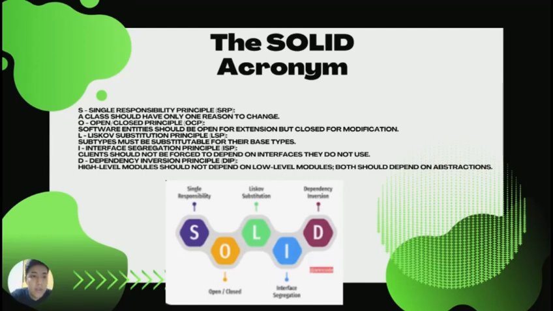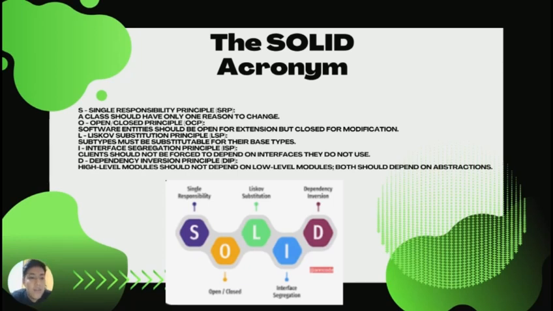The SOLID acronym: S, Single Responsibility Principle. A class should have only one reason to change. O, Open-closed principle (OCP). L, Liskov substitution principle (LSP). Subtypes must be substitutable for their base types.